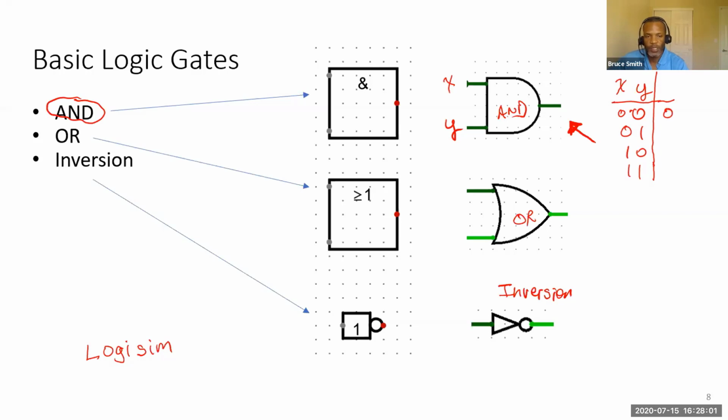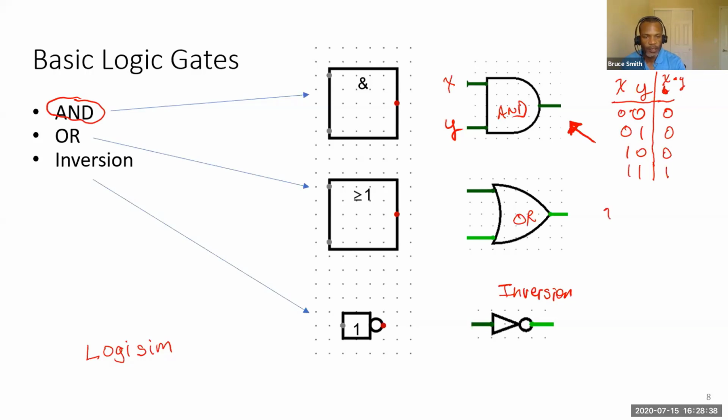I'll use a dot, kind of a multiplication symbol, X and Y. So the output will be true only if both are true. It is the logic of AND that you should have seen in Math 130 or the introduction to programming prior to this class. We implement AND gates with hardware.